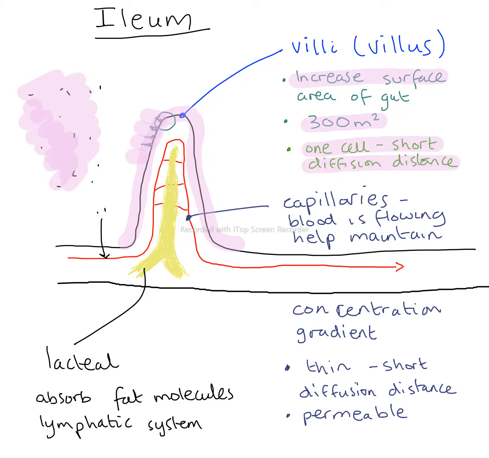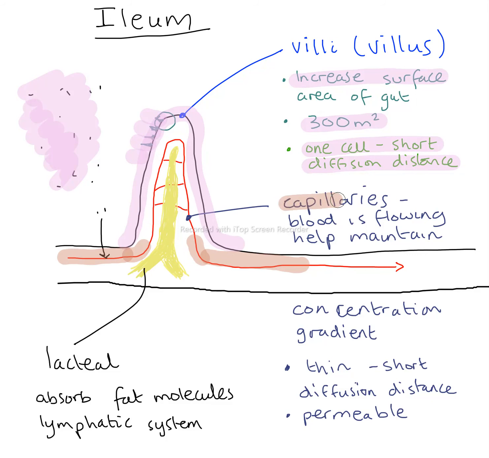Now, you have a network of capillaries here. So your hepatic portal vein is linked to these. Blood is flowing in, food molecules are being absorbed in through the villi into the blood, and because the blood is flowing, it's maintaining the concentration gradient.